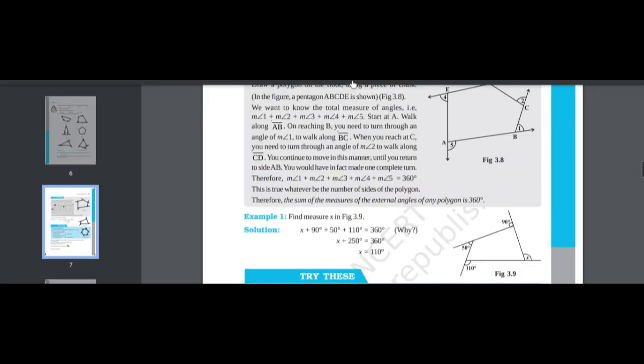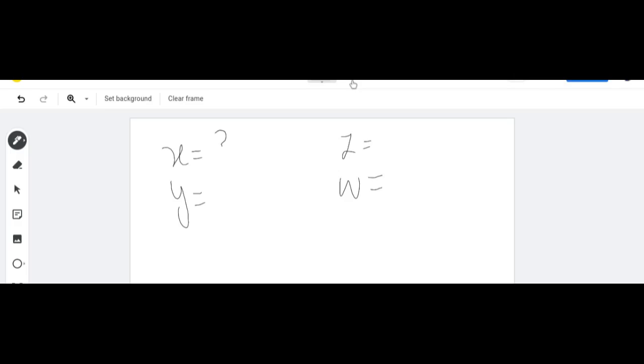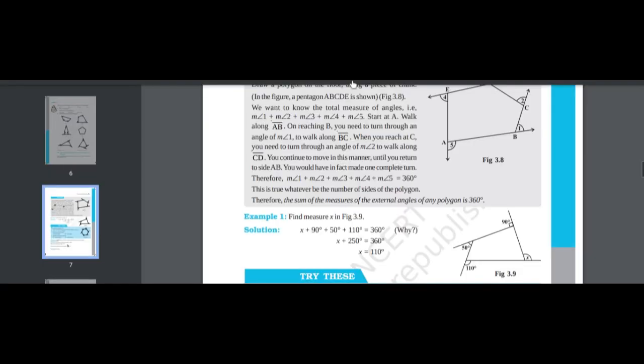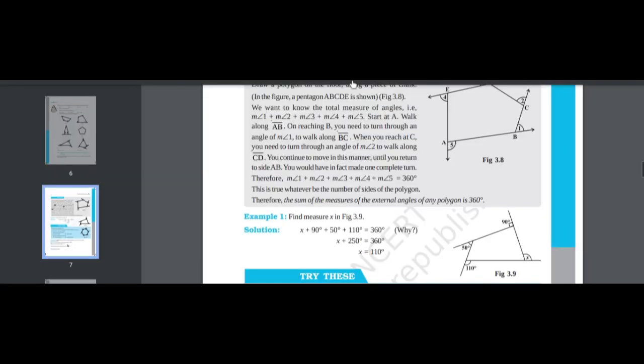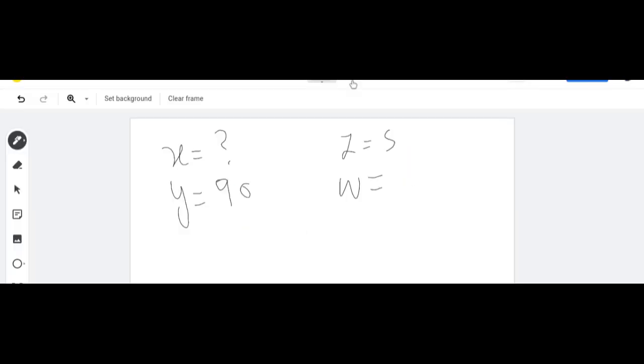I don't know the value of x, and I don't know which angle lies on x. But I have the value of y, which is 90, and the value of z, which is 50, and the value of w, which is 110. These are all the angles of y, z and w. I have to find the x one here.